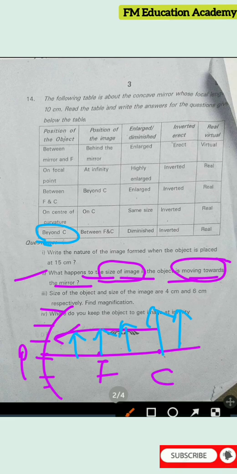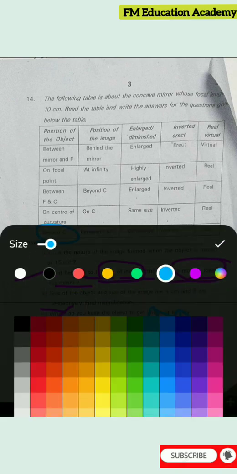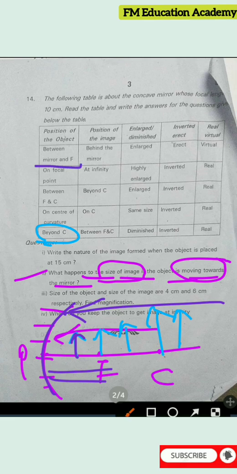So we see that as the object is approaching the mirror, this is my mirror, right? Where is the object when it is approaching the mirror? When it is between P and F. So between P and F we can say, or between mirror and F we can say, because P is on the mirror only.